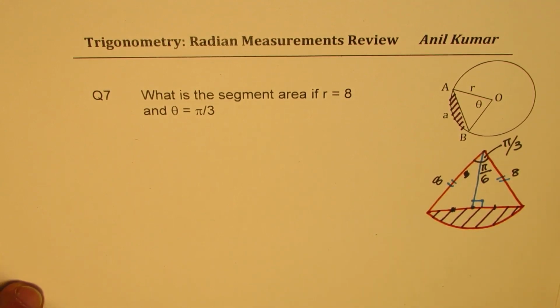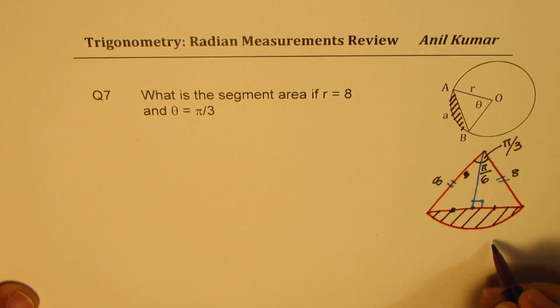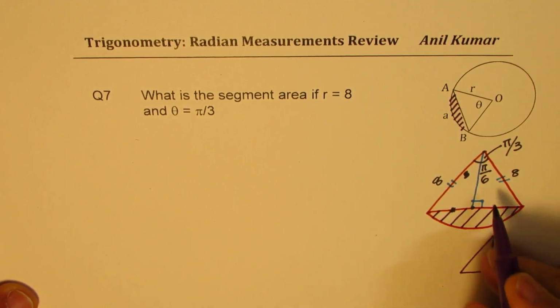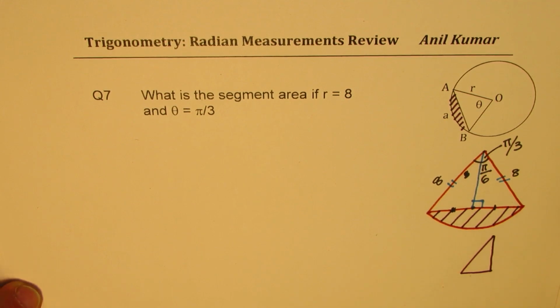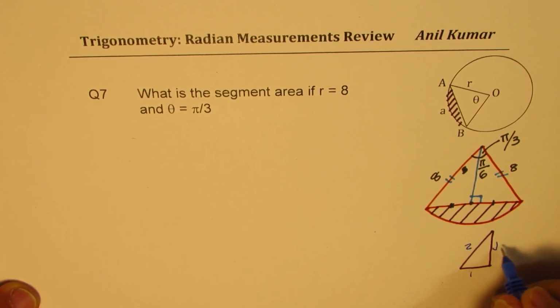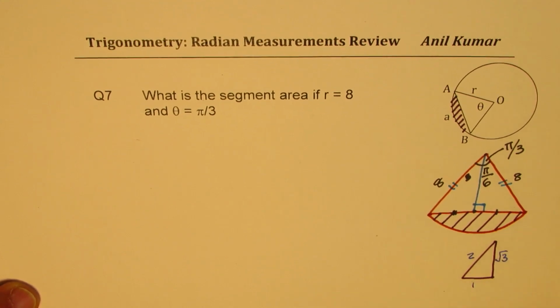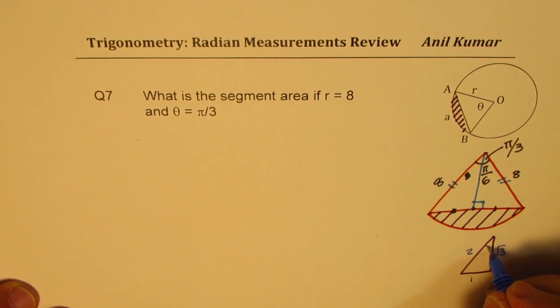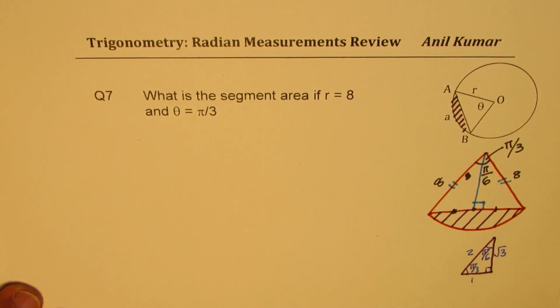I hope you remember the special triangle. We're using the special triangle to find the height. In a special triangle, the ratio of sides is 1, 2, and square root of 3, if the angles are pi by 3, pi by 6, and pi by 2.